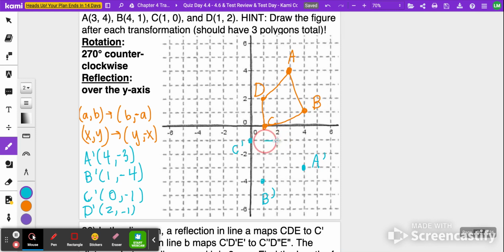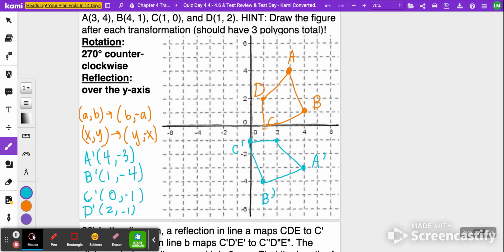Okay, this again will show our rotation of 270 degrees about the origin. Now, all we're doing next, oops, I did D wrong. I should have 2, -1. There we go. We're good.